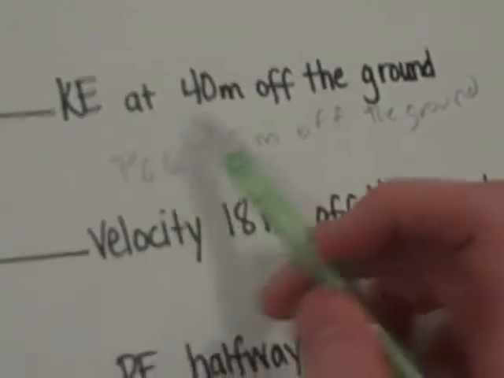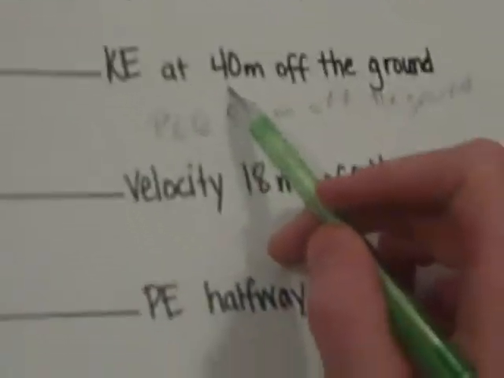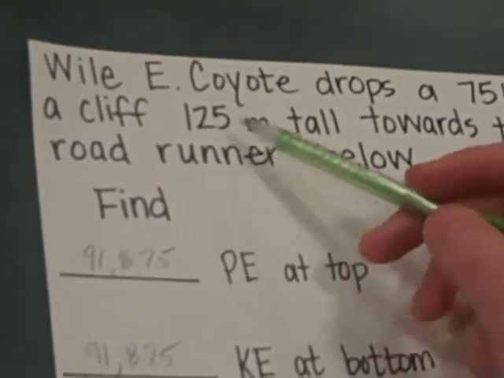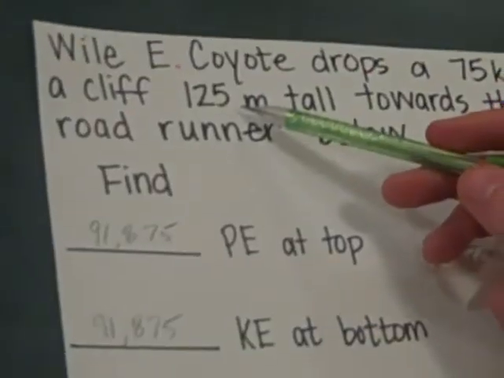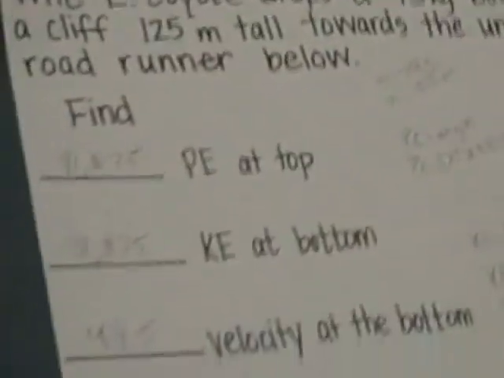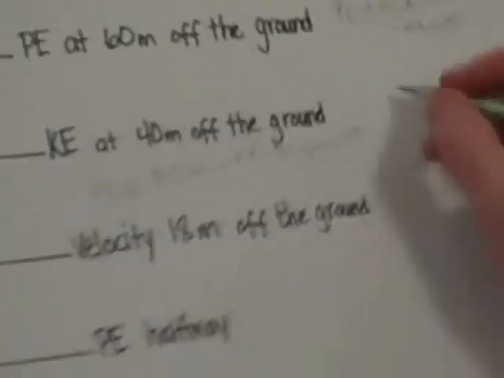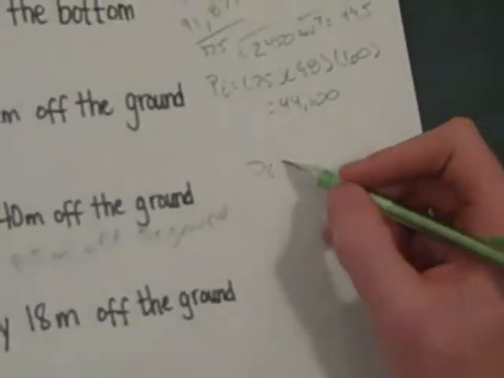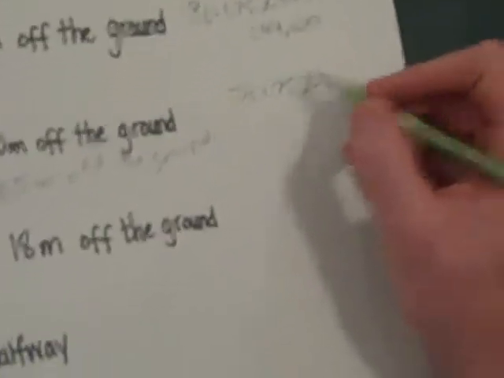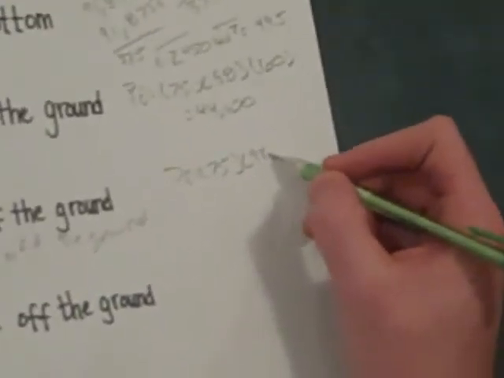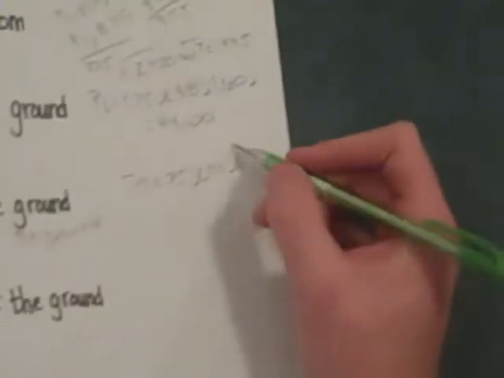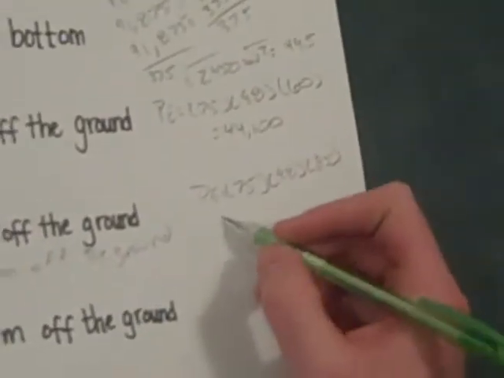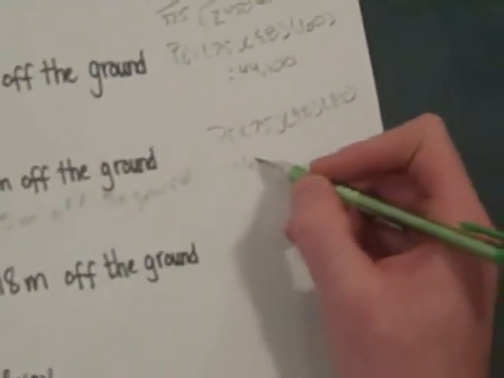It says that the kinetic energy at 40 meters off the ground, and we know that the cliff is 125 meters tall, so I just subtracted 40 from 125 and I got 85. So that's how I got that. So then we can just use the same formula, potential energy equals mgh, mass times gravity, 9.8, and then 85 is the new height. Multiply all that out, and for that answer I got 62,475.